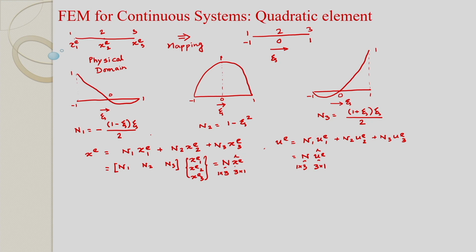In a similar way, we can write the variation v in the element as N v e hat.